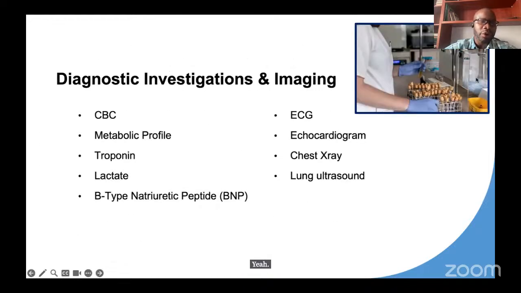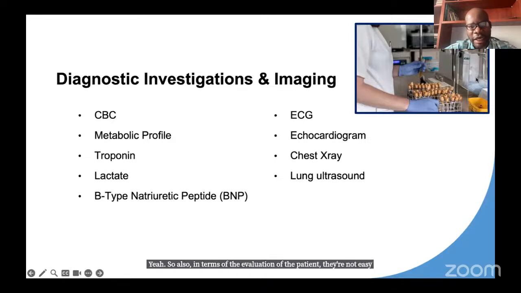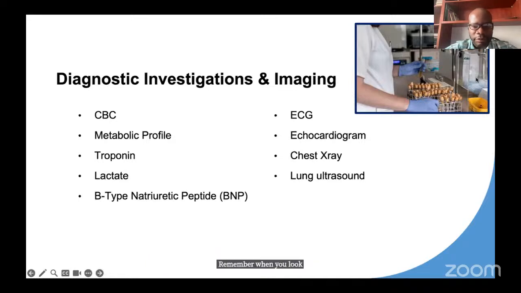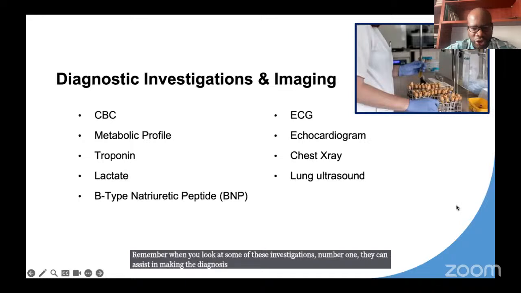Yeah, so also in terms of the evaluation of the patient, diagnostic investigations and imaging are also very important. Remember, when you look at some of these investigations, number one, they can assist in making the diagnosis of cardiogenic shock, and also they can help you in coming up with a plausible cause of the cardiogenic shock.